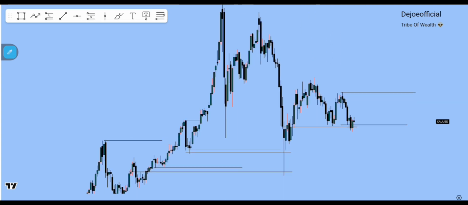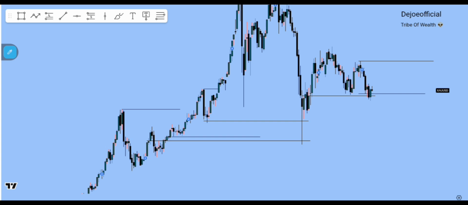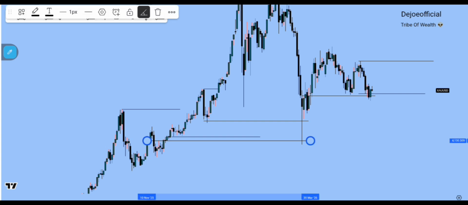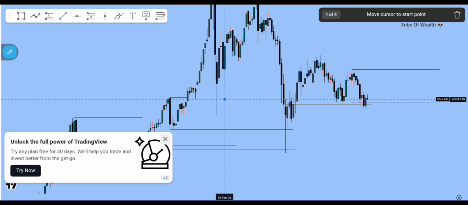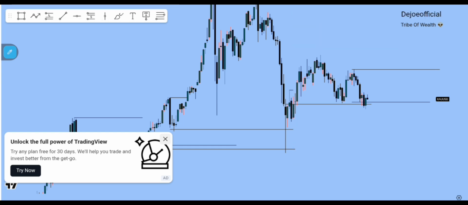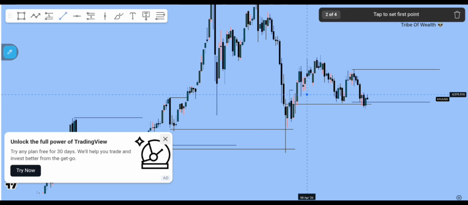So as you can see, after price tapped into this place, my daily zone, it gave a market structure shift here, and then a liquidity.